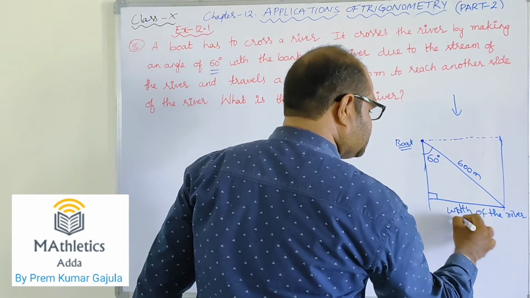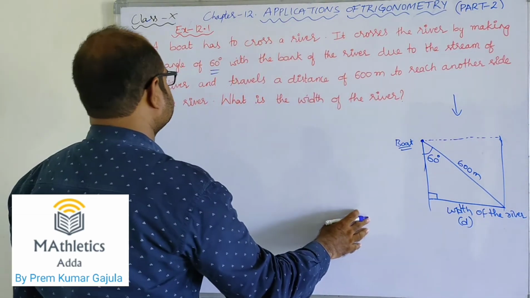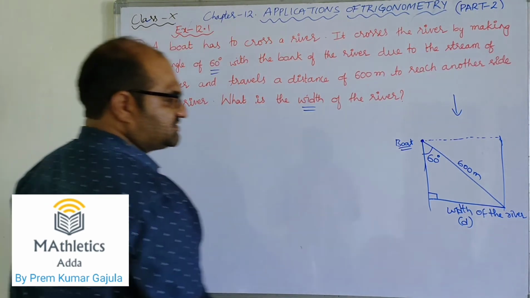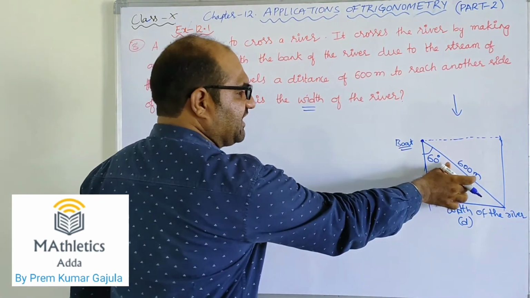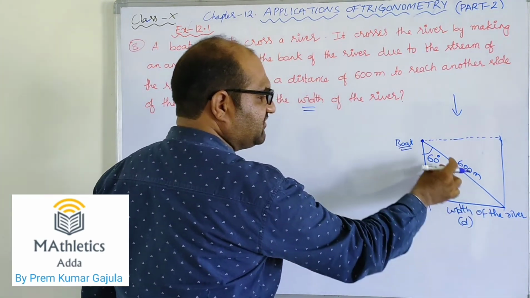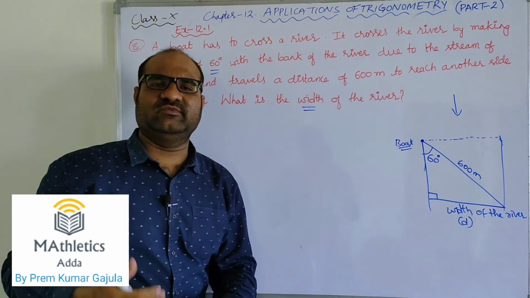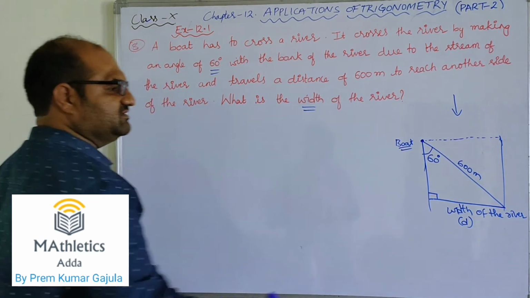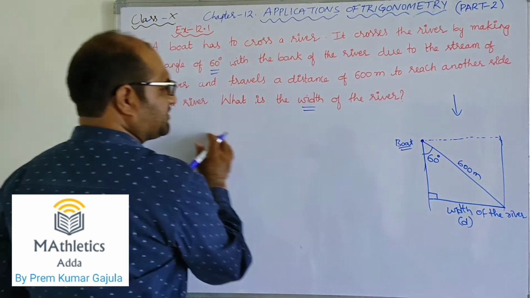Let us suppose that the width of the river is d. That we have to find. Now what do we have? We have the hypotenuse, the opposite side, and the angle. So which trigonometric ratio should we apply here? Yes, very good. We should apply the sine ratio.